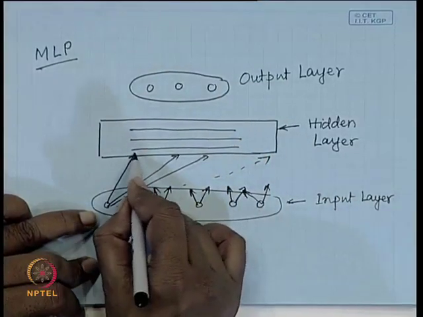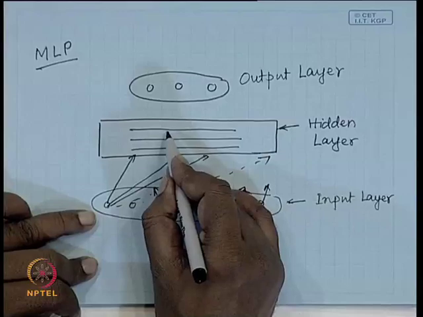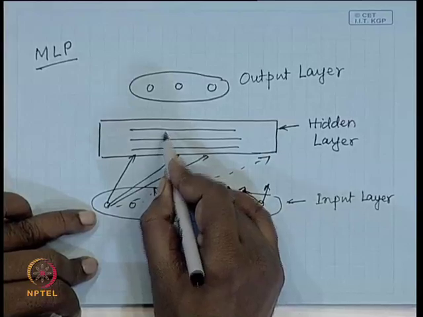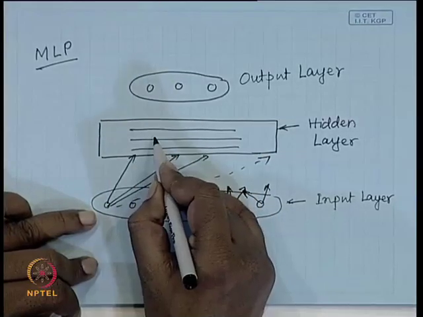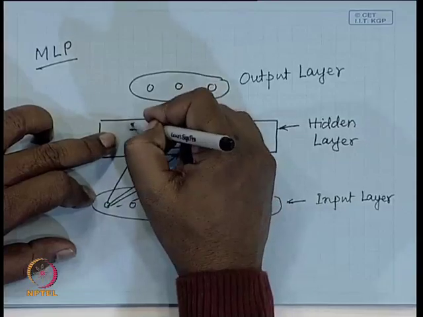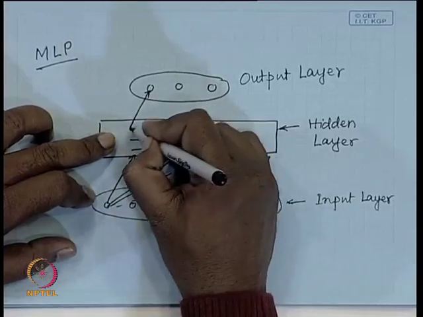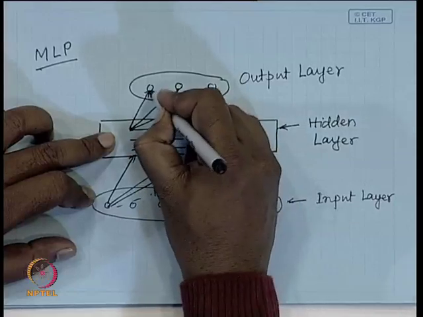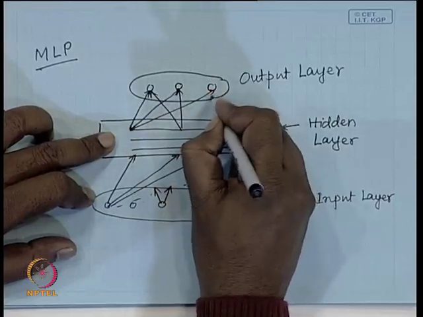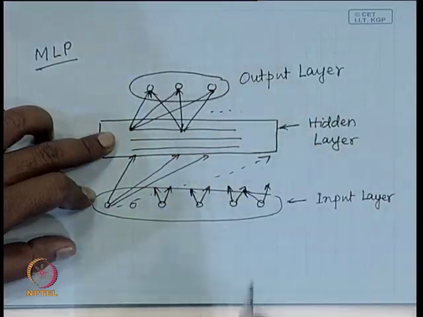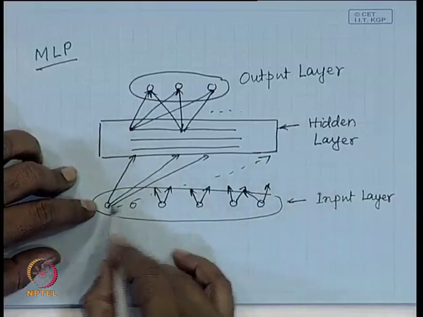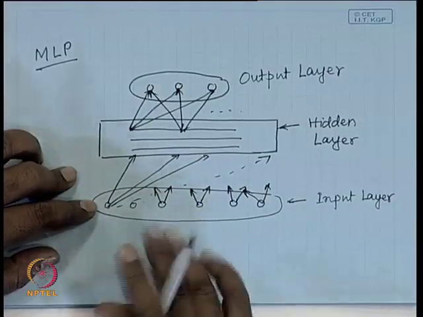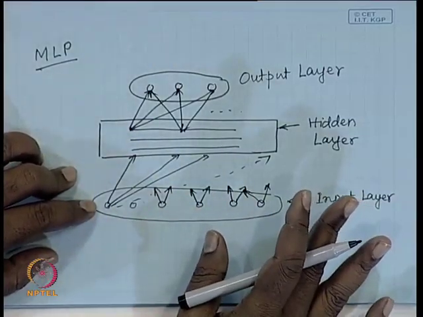Similarly, from the ith layer to the (i+1)th layer, every node has a connection. Similarly, over here, from every node on this layer, I have connections to every node in the output layer. This way it continues, and each such connection has an associated weight with it.